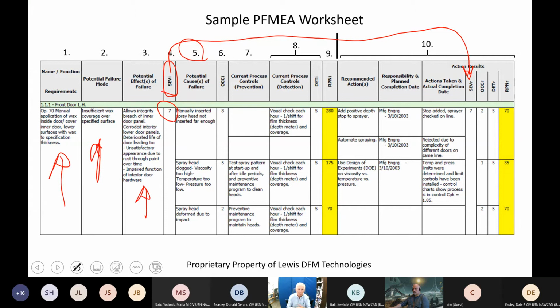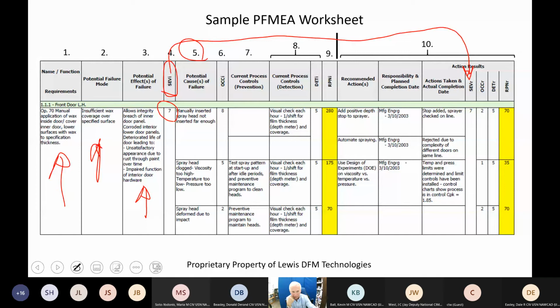And so really what we're finding out is it's really up to the operator to insert the spray head for the application of wax inside the door and make a determination when the sprayer head is pushed in all the way and how thick the coating is and when it got started. They can't see a whole lot, but it's manually inserted.